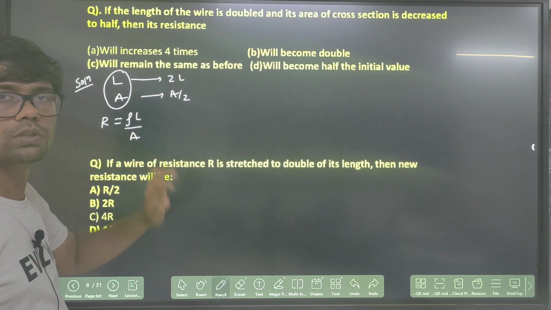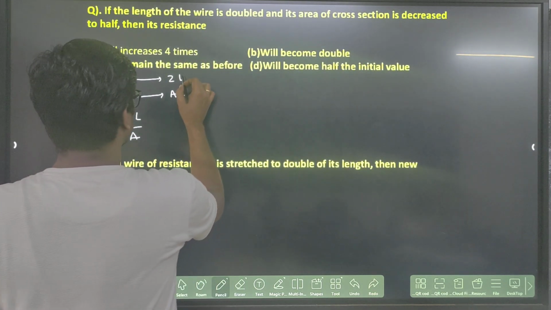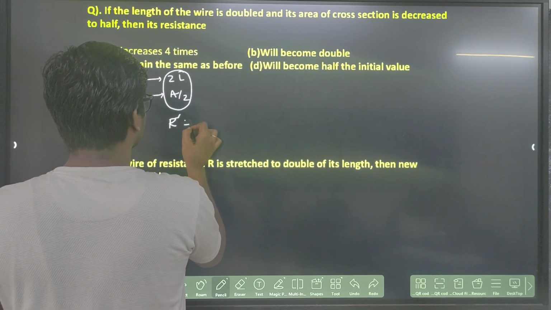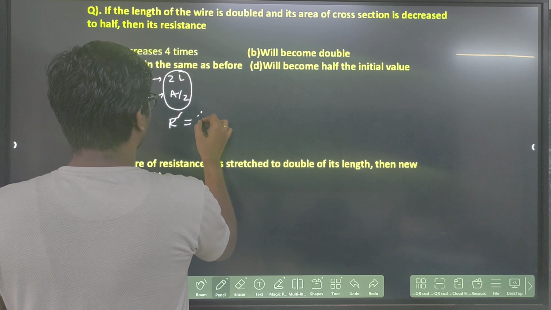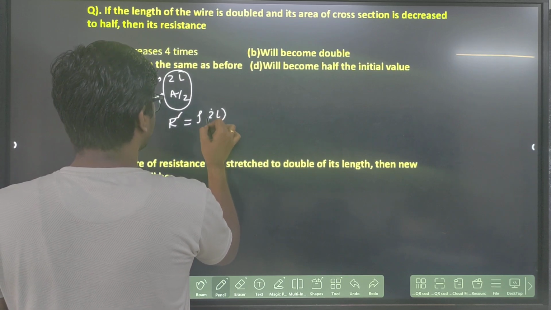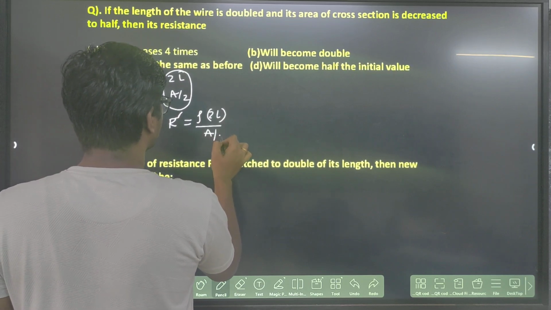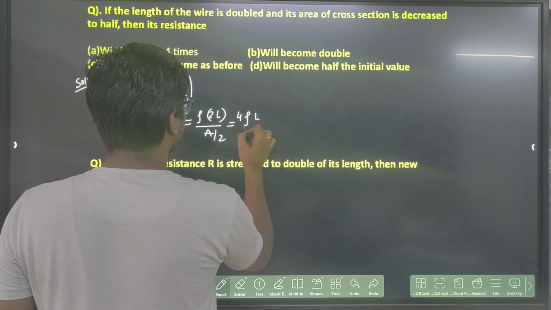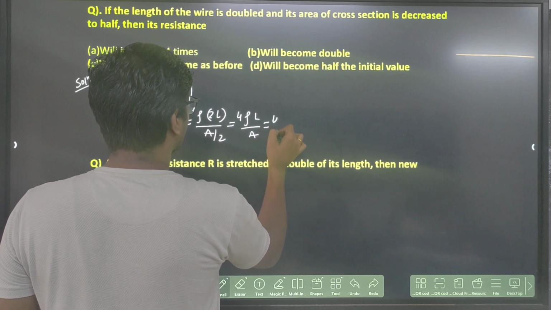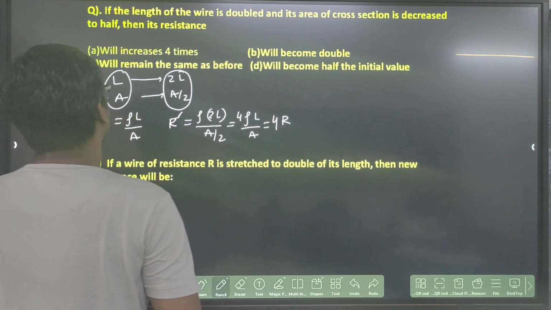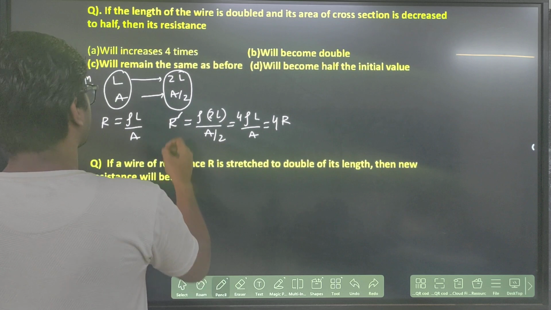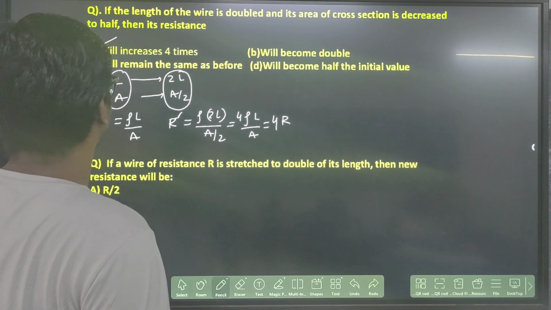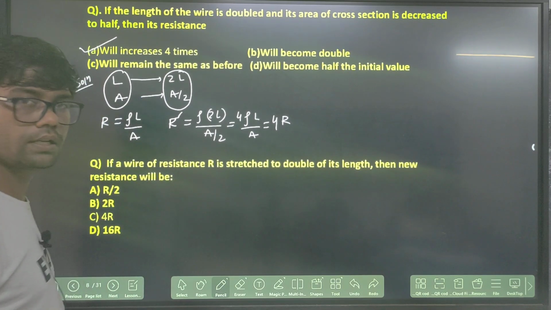Rho will be the same for both cases. For the new case, R dash will be rho into 2L divided by A by 2. This can be written as rho, 4 will go outside, L by A, which will be 4 into R. So you can say that the new resistance will increase 4 times. Option number 1 will be correct. Clear?